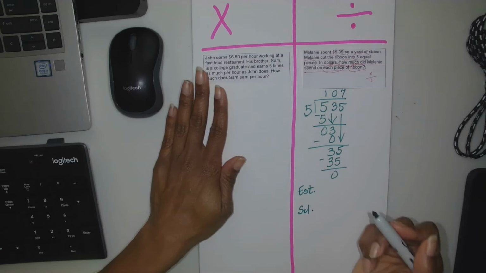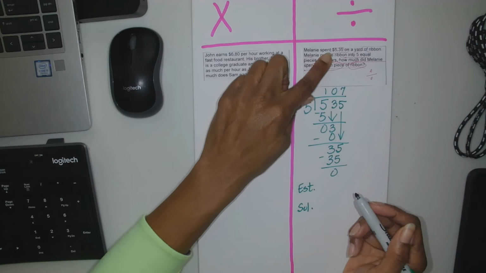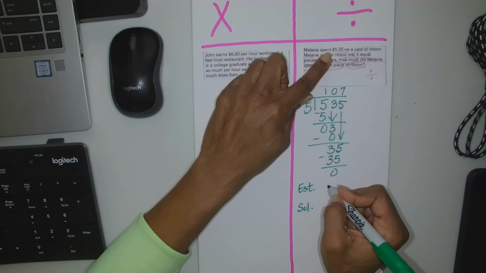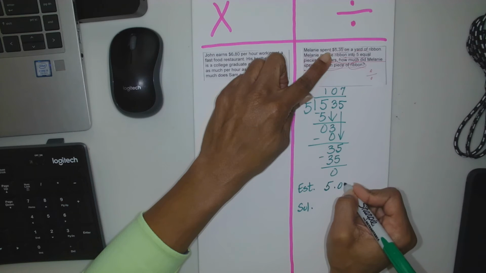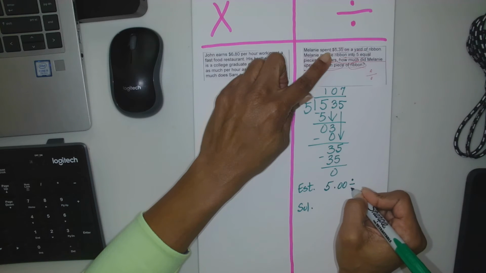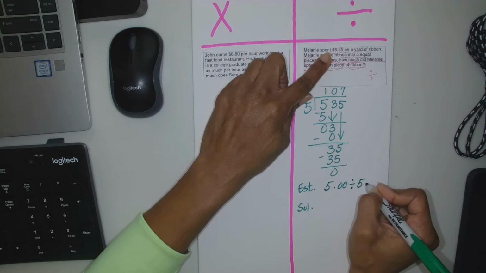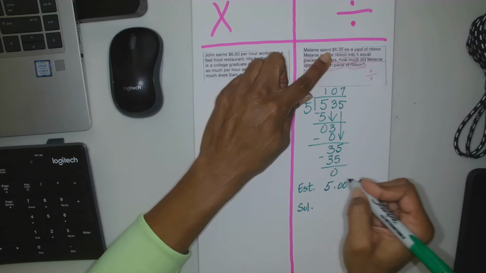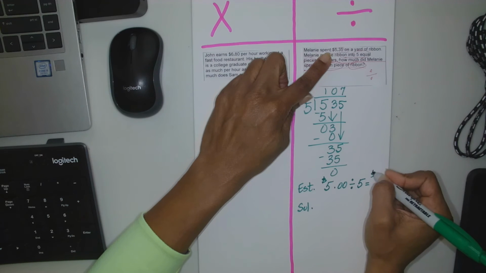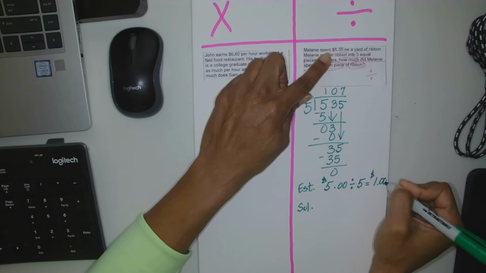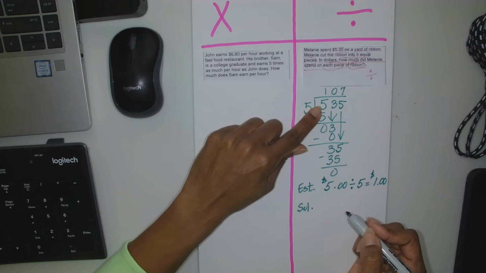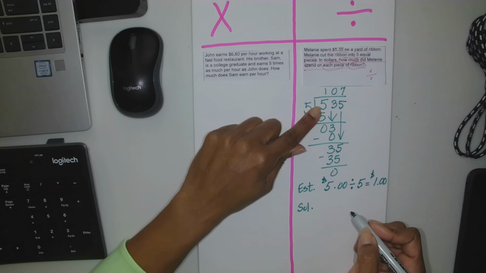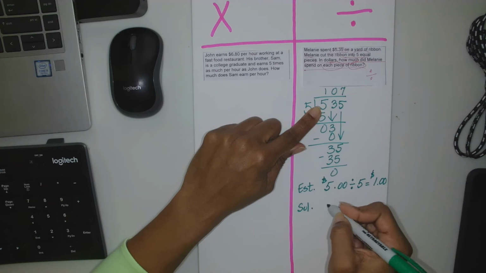If I were using estimation, I could say that $5.35 is about $5, and I'm dividing that into 5 equal parts. That means each part will be about $1. So using the solution that I actually came up with, where would I place my decimal point?